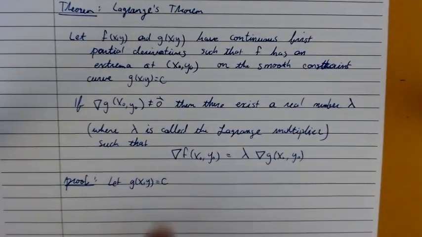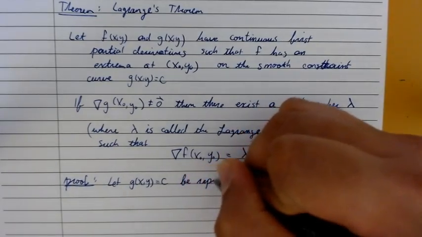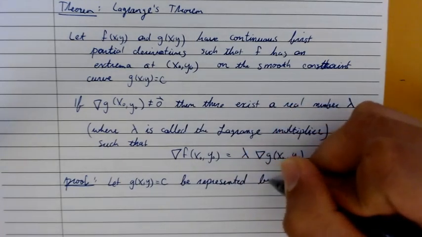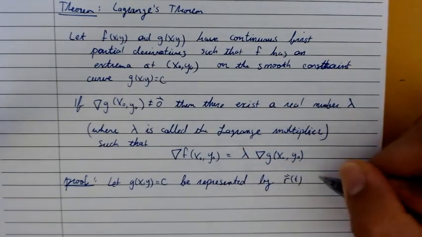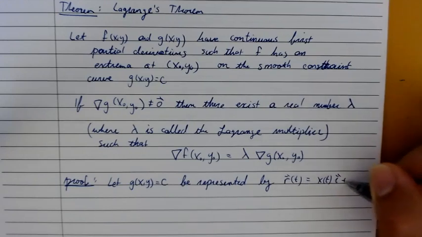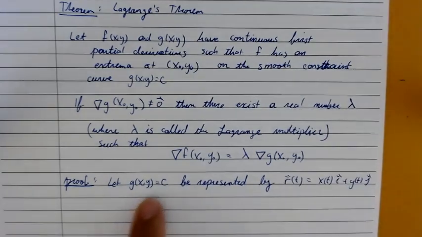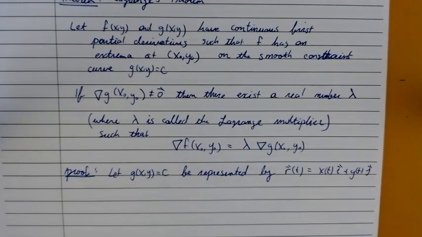So that's our constraint curve. Let's let this be represented by some vector valued function r of t, which is x of t i plus y of t j. So we've gone ahead and parameterized our curve using a vector valued function of t.